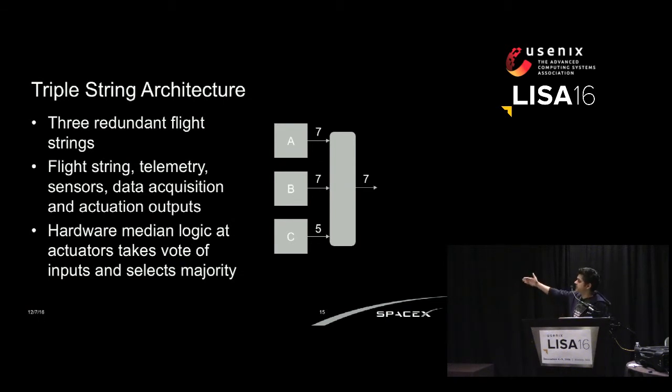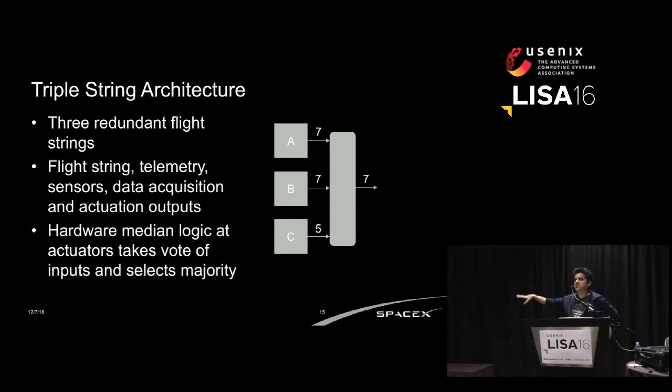So on a good day, A, B, and C flight strings are all sending command 7. Maybe that's 70% throttle, though probably not, because we don't throttle that low. Anyway, they're sending command 7 down to the hardware median, and the hardware median passes 7 along.